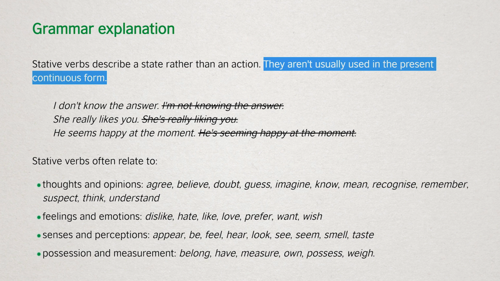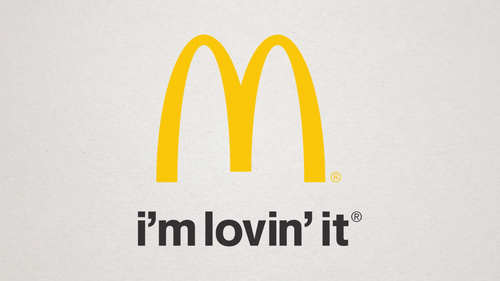It includes verbs like believe, doubt, taste, and love. So students will learn this concept and memorize the verb list, and then they will step into the real world and see this. So now what?